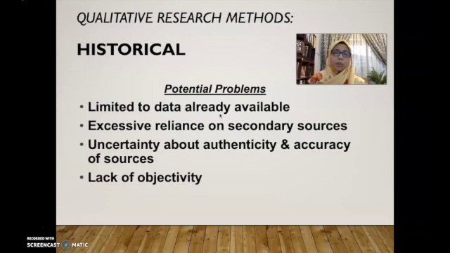Which means that the data that you have is insufficient, so you want to collect more data. And then excessive reliance on secondary sources, too many secondary sources, so you want to focus on your own sources, and uncertainty about authenticity and accuracy of sources. So the sources that you get, you're not certain with them and you think they are not authentic, so you want to gather more data regarding it. And of course, lack of objectivity.